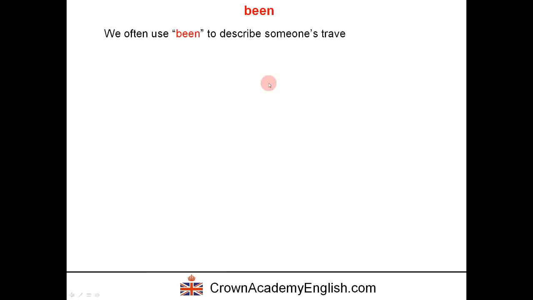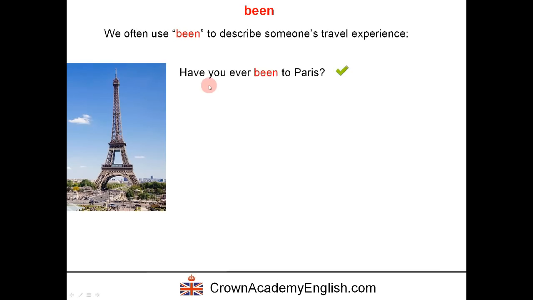And we often use been to describe someone's travel experience. This is the most common use of been when we're using been to describe visiting a place. So this is it in the question form. If you want to ask someone about their travel experience, so obviously experience by definition is the past, we use the present perfect and we say, have you ever been to Paris?